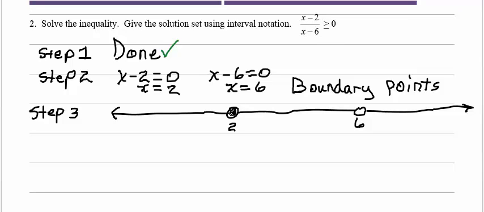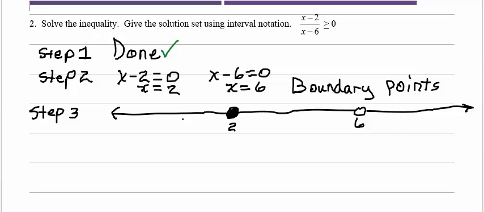So I'm going to make this a solid circle to remind myself that 2 is in the solution set, but I'm going to leave the circle above 6 unfilled, or open, because 6 is not in the solution set. 6 makes the rational expression undefined. 2 makes it 0, and this inequality says, give me the x values that make this expression 0 or bigger than 0.